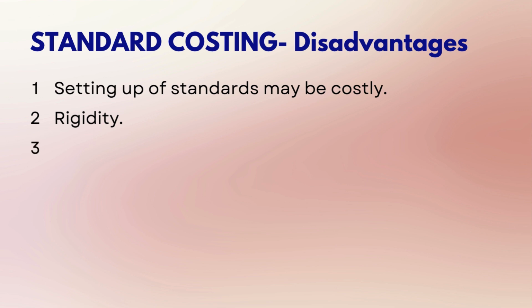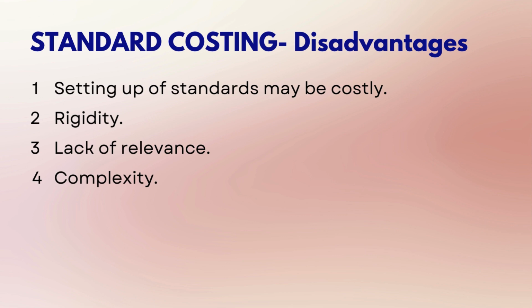3. Lack of relevance. The cost data used in standard costing may not always reflect the current costs, which might lead to incorrect pricing and decision making. Number 4. Complexity. Implementation and maintenance of standard costing can be complex and time consuming, especially for businesses with diverse product lines or complex manufacturing processes. Number 5.